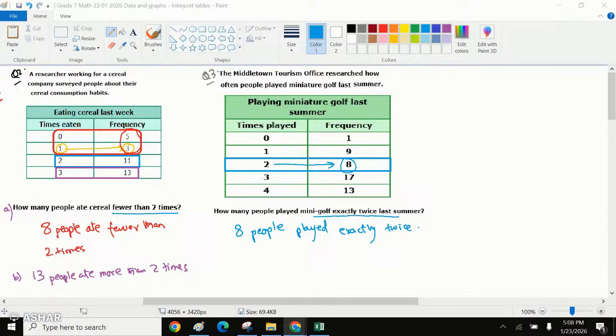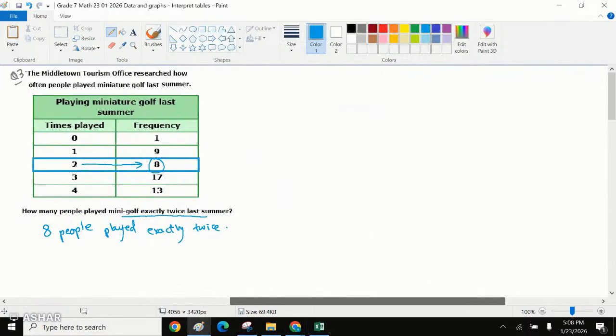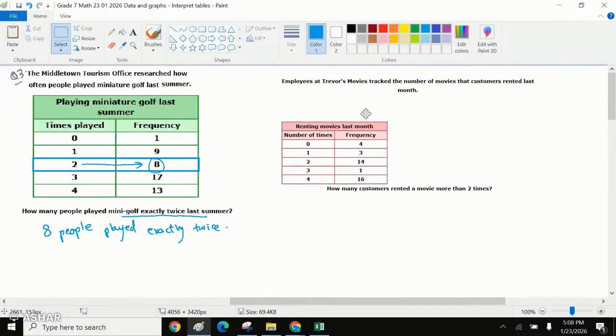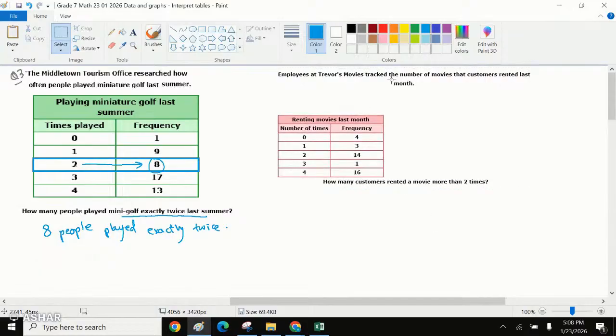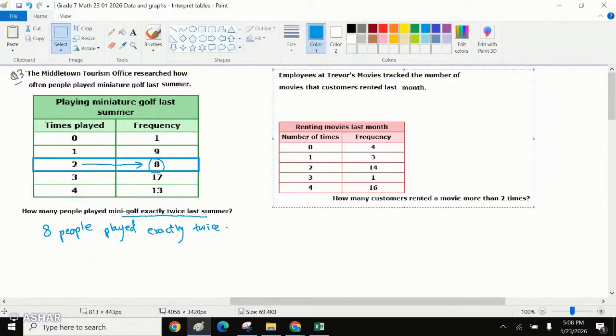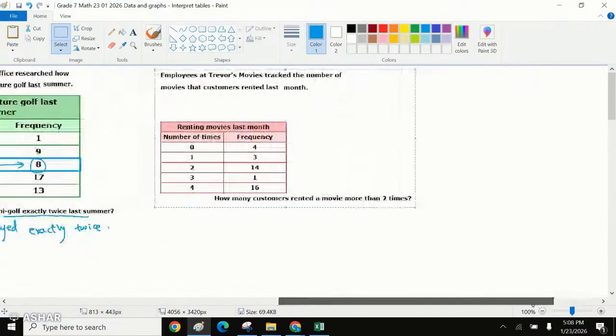I'll just copy the question on the screen. Employees at Traverse Movies track the number of movies that customers rented last month. Okay, they're just tracking the movies that were rented.